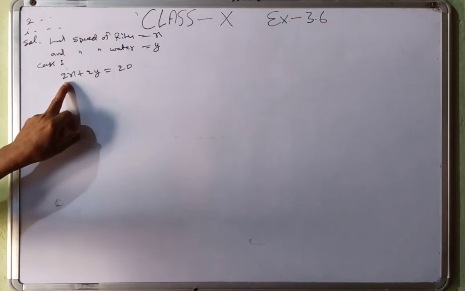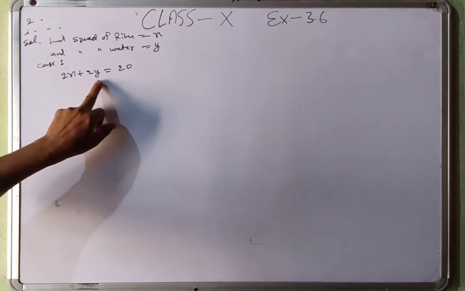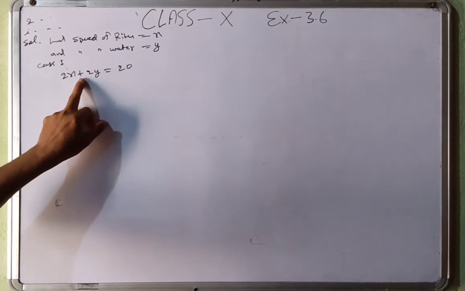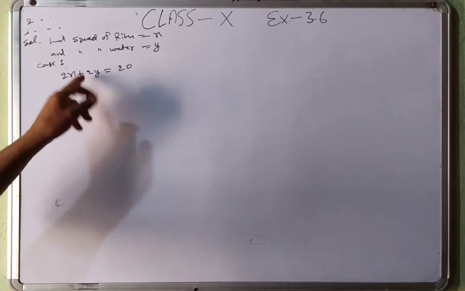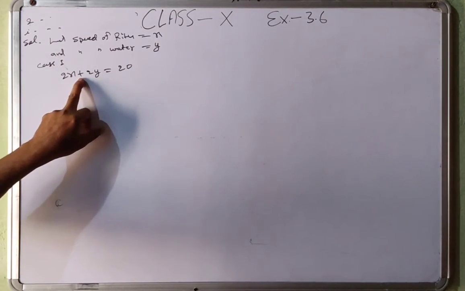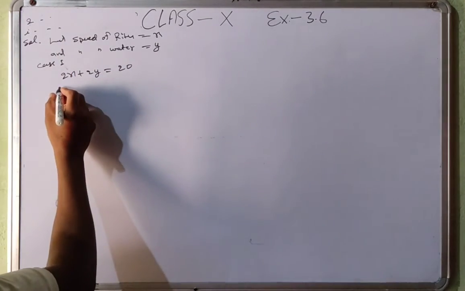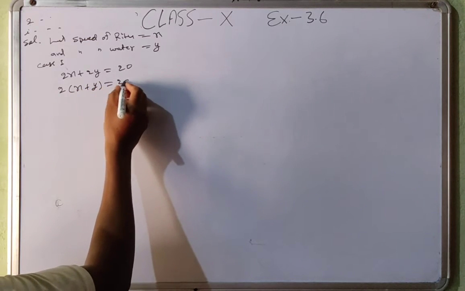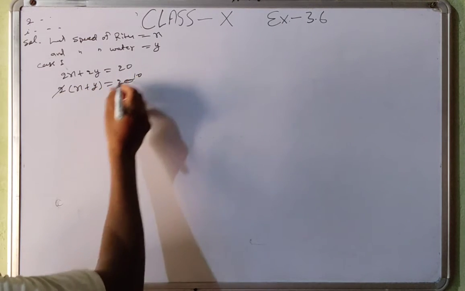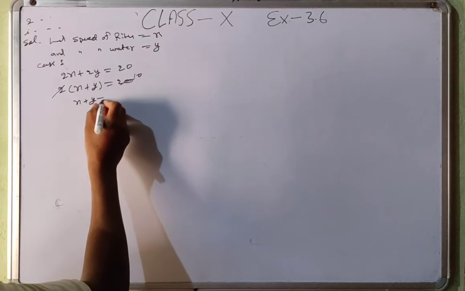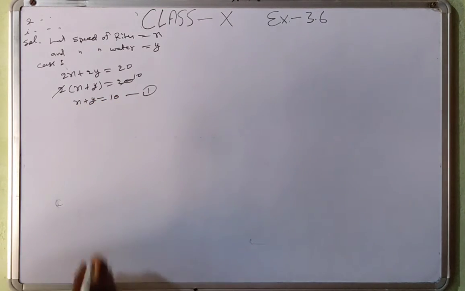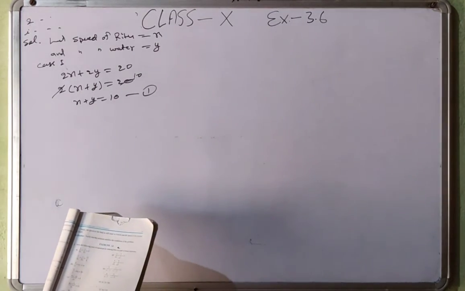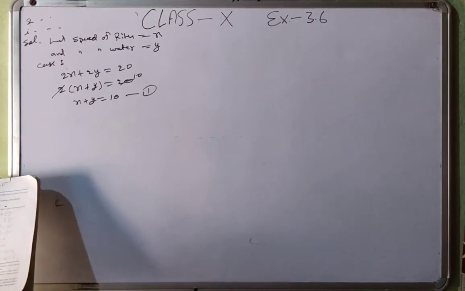It means Ritu plus water speed is equal to 20 km. When downstream, it will be plus. When upstream, it will be minus. So taking 2 common, x plus y is equal to 20 upon 2, which is 10. So x plus y is equal to 10. This is the first equation. And then the next one is upstream 4 km in 2 hours.